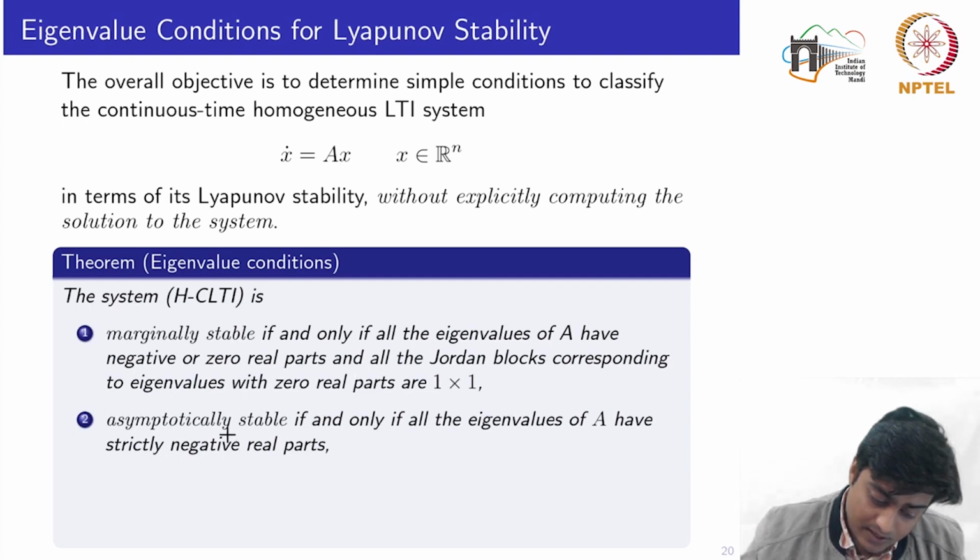The system is asymptotically stable if and only if all the eigenvalues of the matrix A have strictly negative real parts.